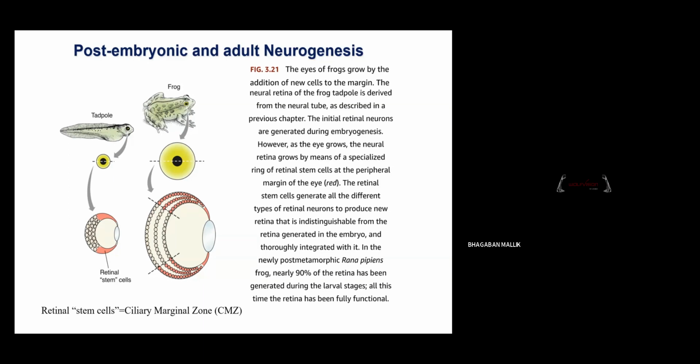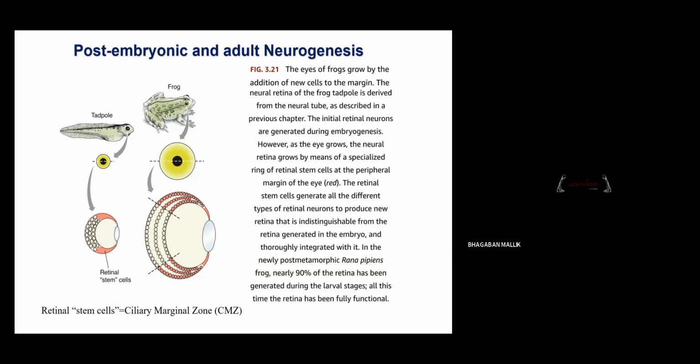Here two stages of frog development are shown. This is the larval, the tadpole stage, and this is the matured stage, the frog. The frog eye has been a great model system to understand the basic mechanisms of neurogenesis. In the tadpole stage, you can see that the eye is a little bit smaller, and in the adult frog the eye is bigger, because of division of cells and specification and formation of diverse neurons and other cells.